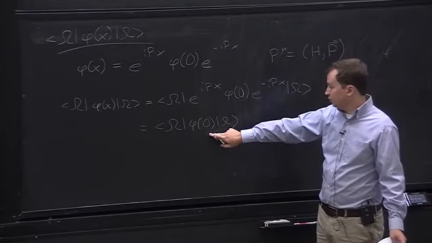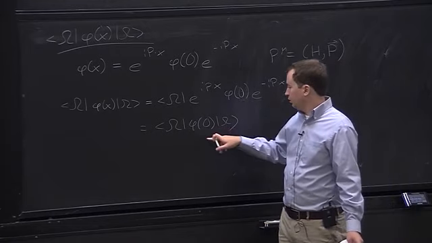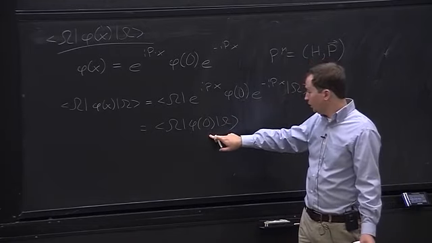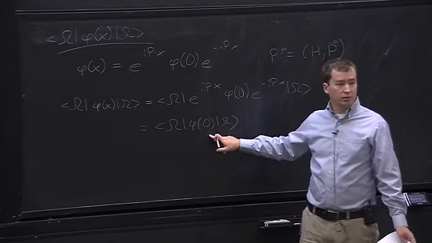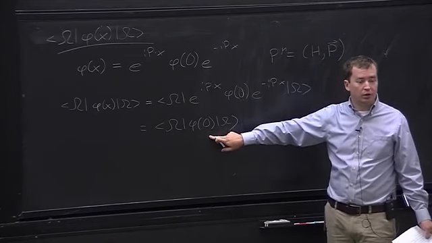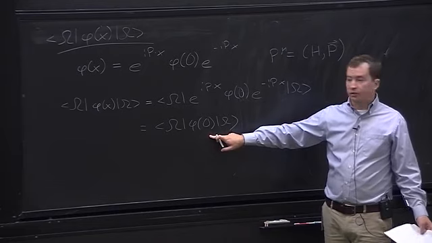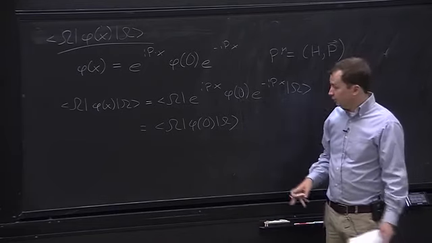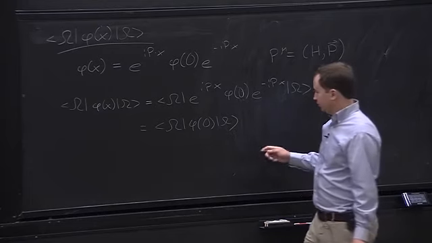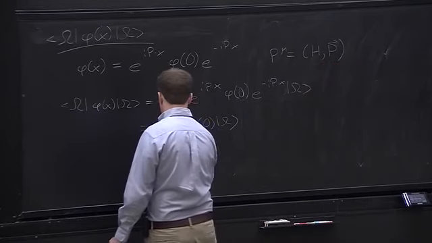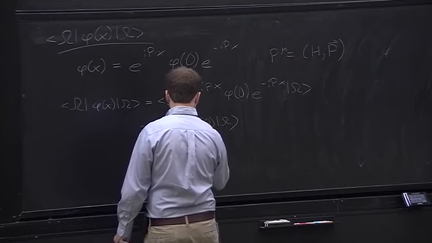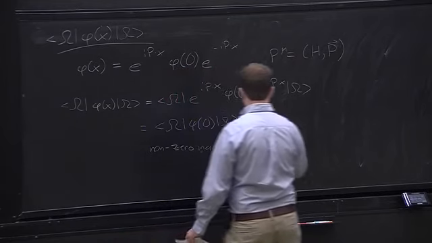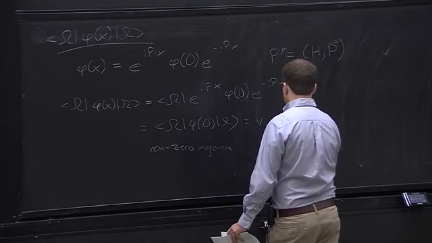It doesn't transform if we do a Lorentz transformation. But there's absolutely no reason to expect it to be 0. And I can give you dozens of examples where you can compute this, and this is not 0. So this is non-zero in general. We can say it is a Lorentz invariant number, which we can call v.